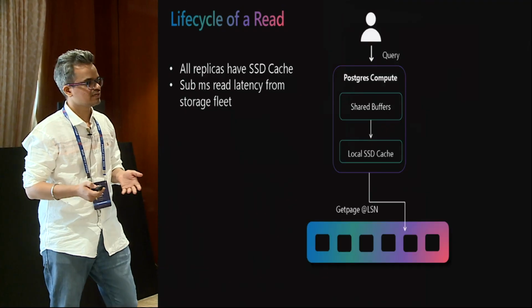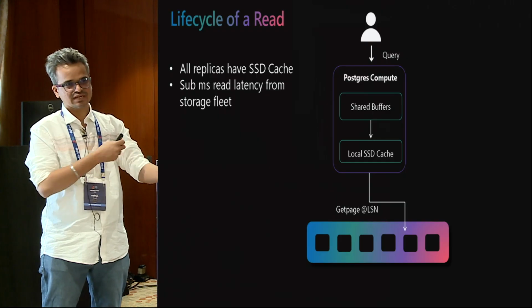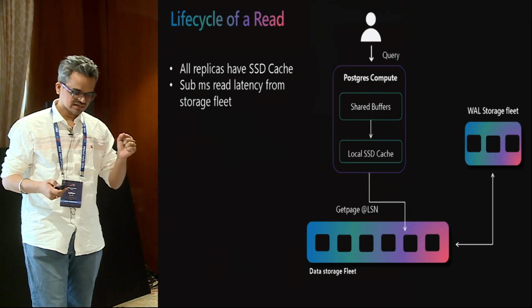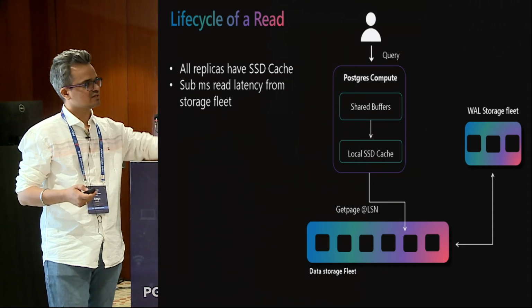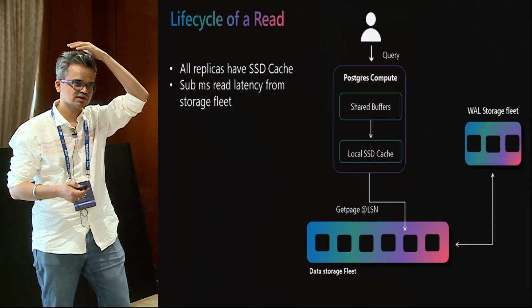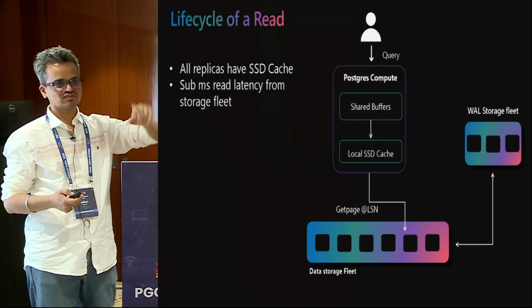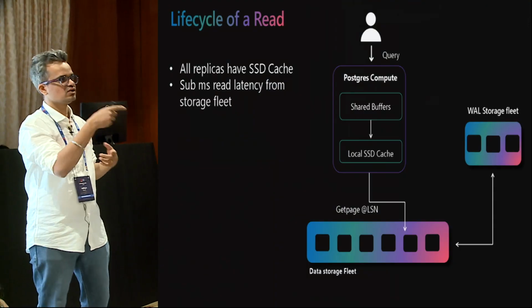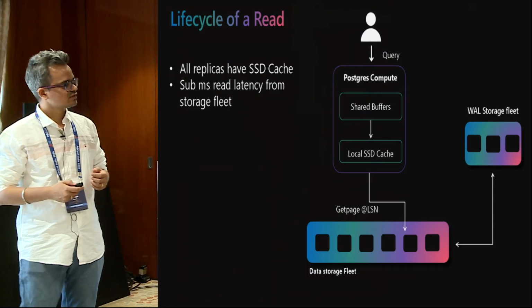If it is not there, it will execute a function called getPage@lsn, where it takes the data directly from the data storage fleet and gives it to the user. And of course, the WAL storage fleet contains the tail transaction logs, so if there is some mismatch, it will also have the data from the WAL storage fleet.